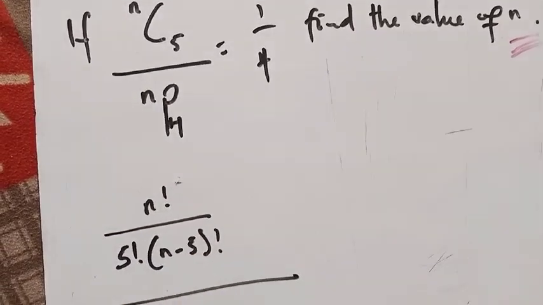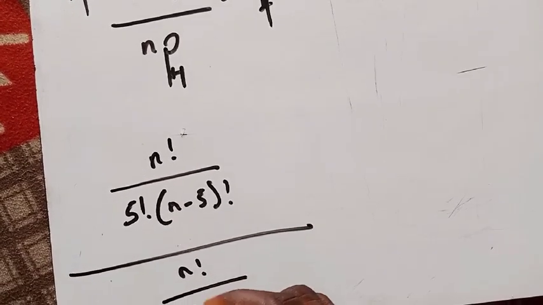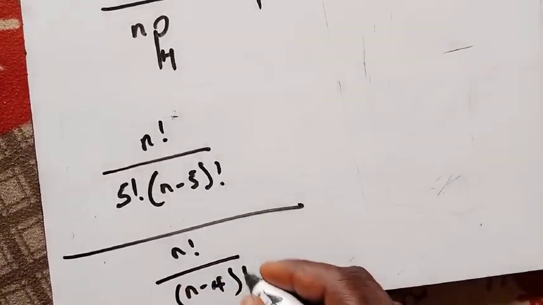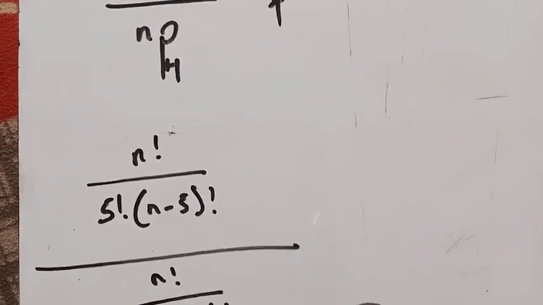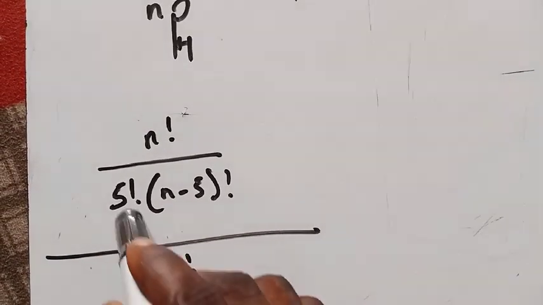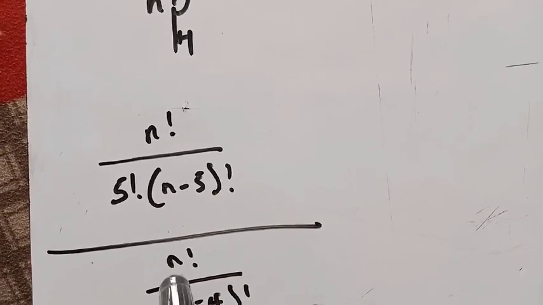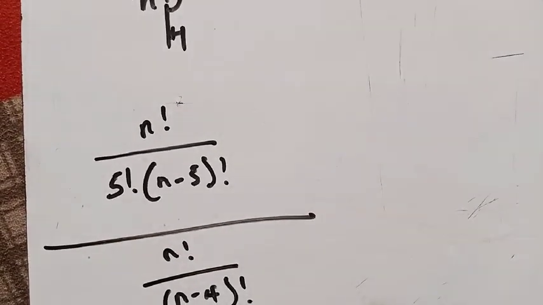Everything divided by n factorial on n minus 4 factorial. So the only difference between the permutation and the combination here is this part, right? If you want to memorize, that's the trick to use for memorization. So this and this, that is what matters.